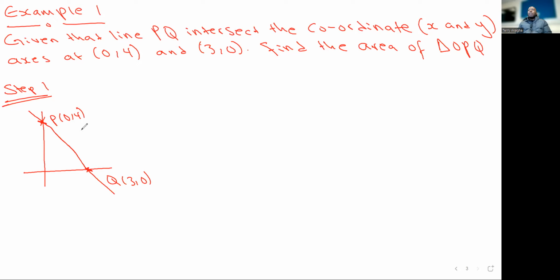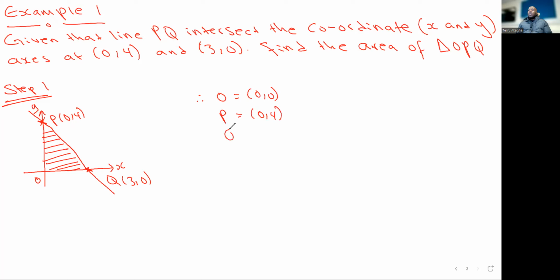So the line PQ intersects the y-axis and the what? And the x-axis. All right? Good. So we're finding the area of triangle OPQ. That means this is the triangle we have here. And as you know, the coordinates for O are (0, 0), and P is (0, 4).